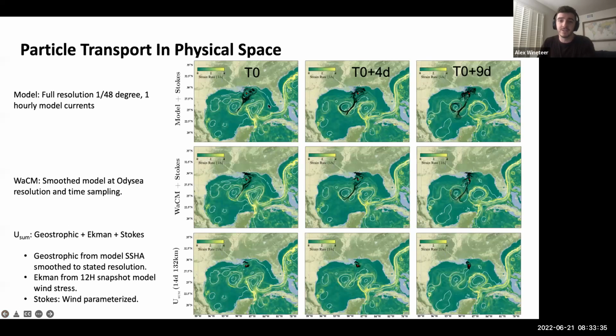Once things start getting entrained into that loop current, they start shooting out along the Gulf Stream and get advected strongly. So I do think there will be differences depending on where you are in the world, depending on the physics. That will strongly influence the relative contributions of geostrophic, Ekman, and Stokes, of all of the physics involved.